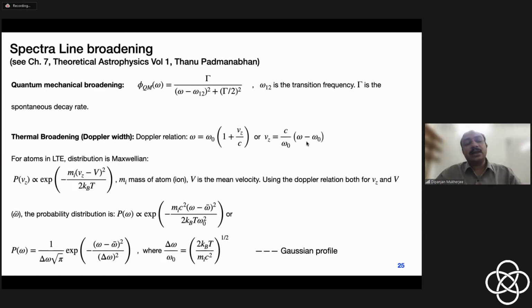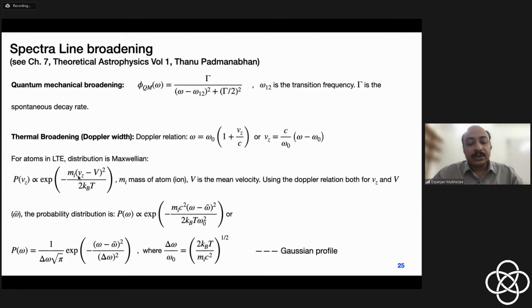So a system in thermal equilibrium, the particles are defined by a Maxwellian distribution. So the probability distribution of the particles is related to the exponential of the kinetic energy divided by kT.